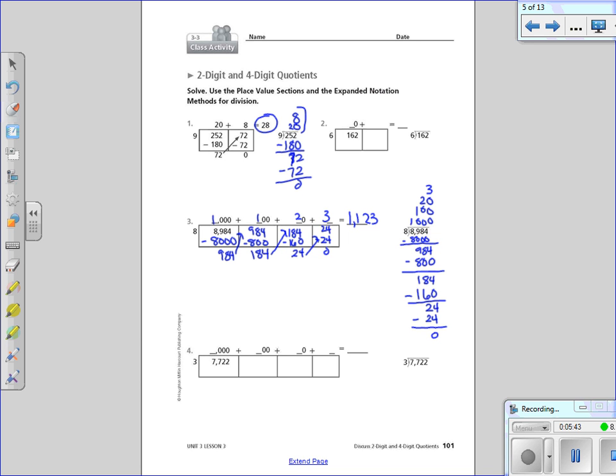Subtract, and I got a 0. So my last step would be to add those 4 together. And I would get 1,123, just like above. All right, so I want you to go ahead and pause and make sure you do number 2 and number 4, please. Pause the tape now.